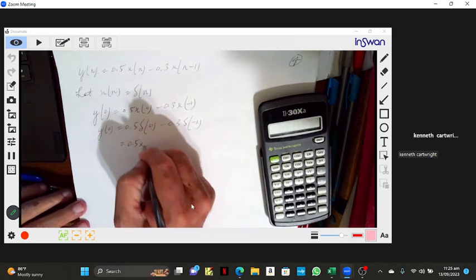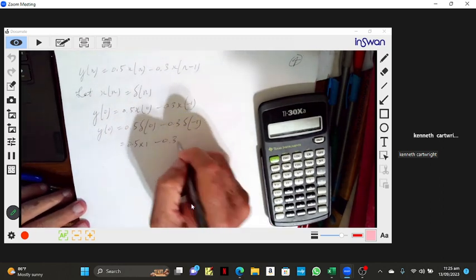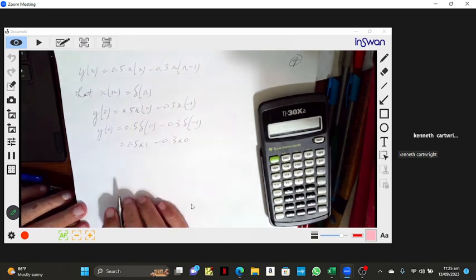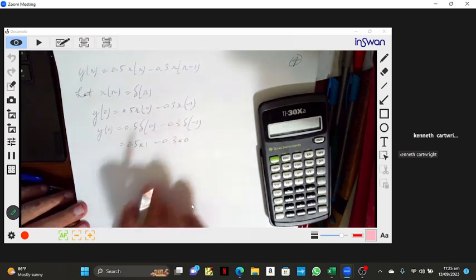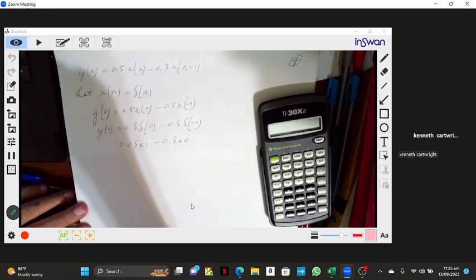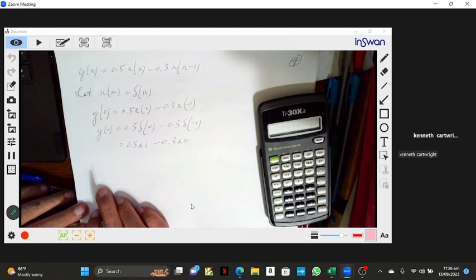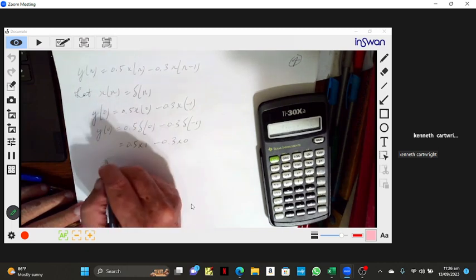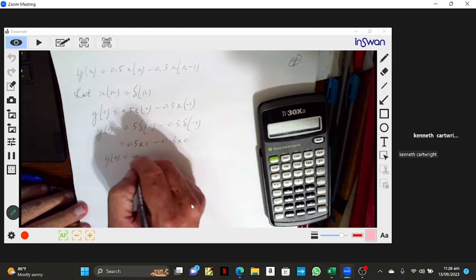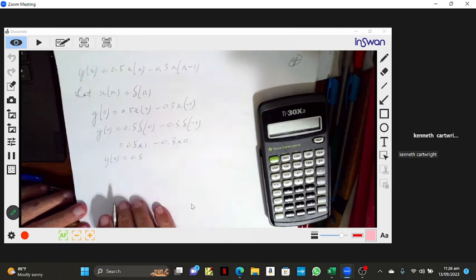That's 0.5 times 1 minus 0.3 times 0. It's the impulse function. It's only 1 for n equals 0. Everywhere else is 0. y of 0 equals 0.5. Any questions about that?